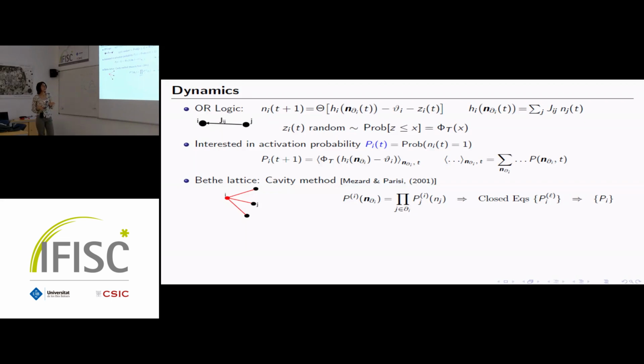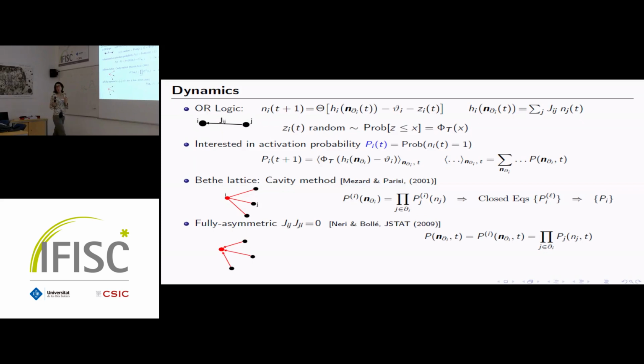In dynamics, you can do something similar. The situation is a bit more complicated. However, it gets very easy again in the so-called fully asymmetric network, that is, those networks where all the links are unidirectional. So if J is an in-neighbor of I, then it doesn't receive a signal from I. In this graph, it's still true that if at any time I eliminate a node I, the probability of the neighbors of I factorizes. And this probability in the cavity graph is the same as the probability in the real graph. Why is that?